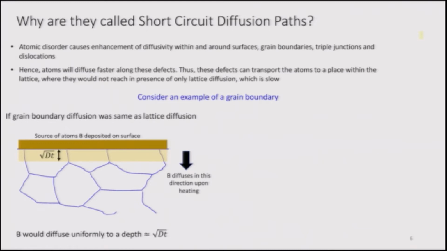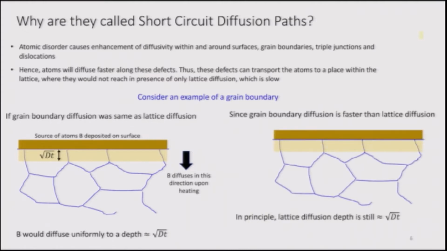What happens if the grain boundary diffusion is faster, which is the reality? So, let us consider this example again here.